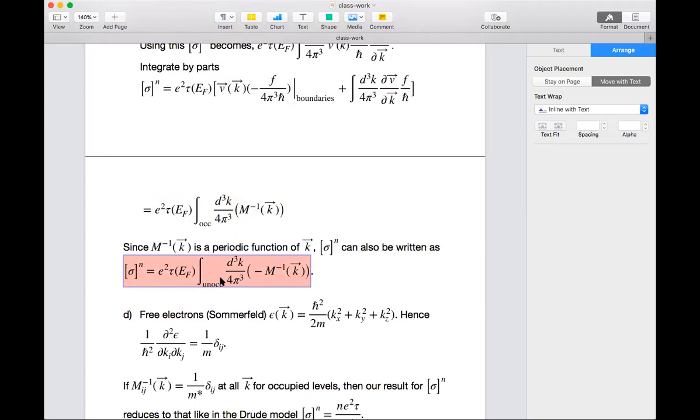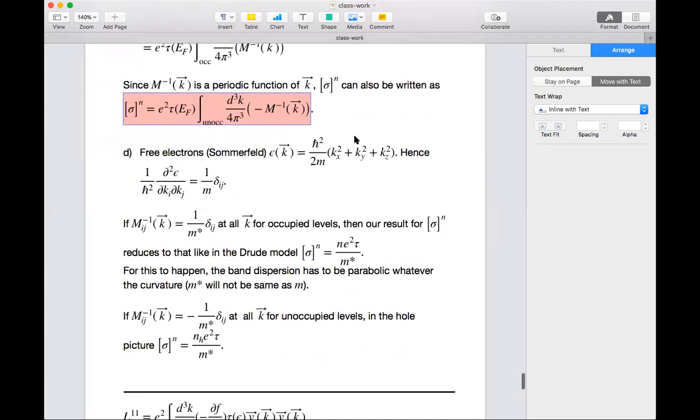So we sort of recover the electron hole picture. We can equivalently use the electron picture or the hole picture. And that comes from the fact that this effective mass tensor is a periodic function.